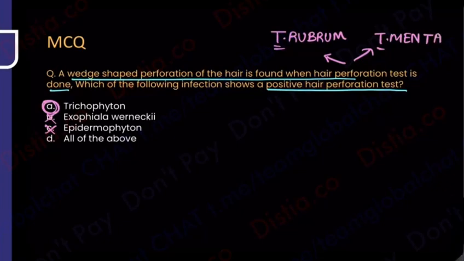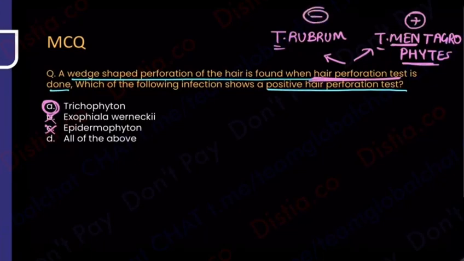When we wrote Trichophyton mentagrophytes, what had we learned? We had said men are fighting and they are going to tear apart each other, right? So perforation is going to be done by men fighting. So the positive hair perforation test was by mentagrophytes and rubrum was showing you negative. So over here there is no such option, only Trichophyton is written, so I'll select that.